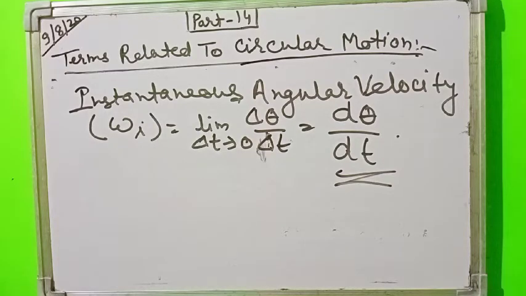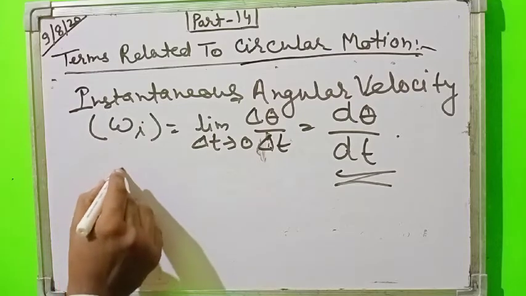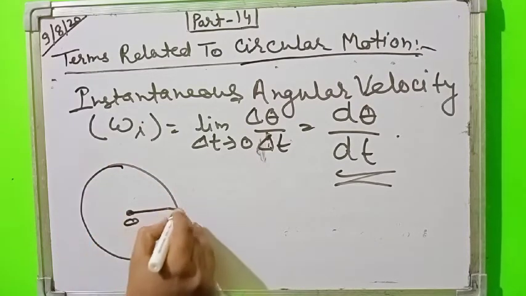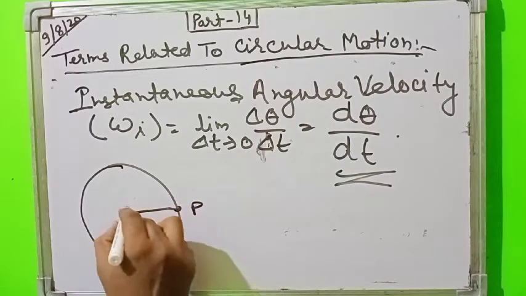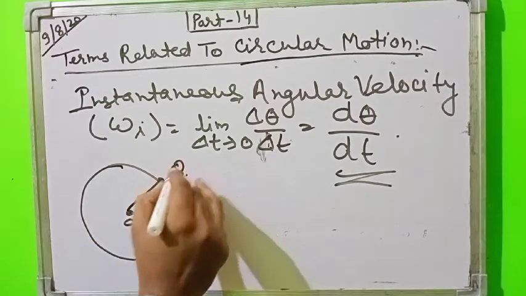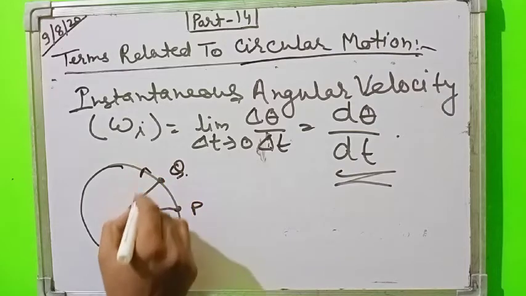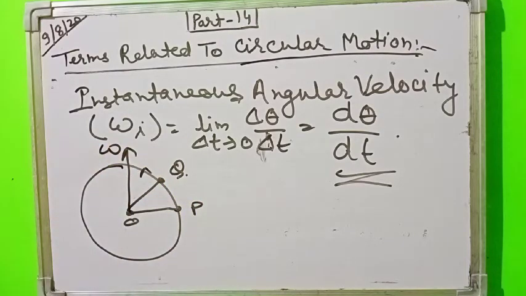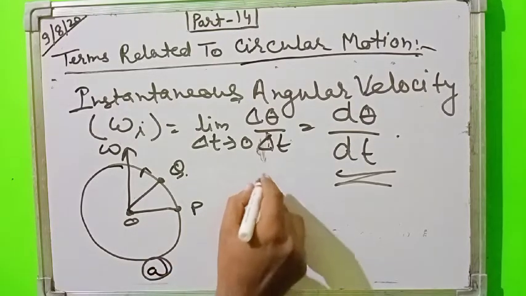So suppose an object is moving, this is point O, this is point P, this is point Q, and the object is moving in this direction, then this is omega, the direction of angular velocity.